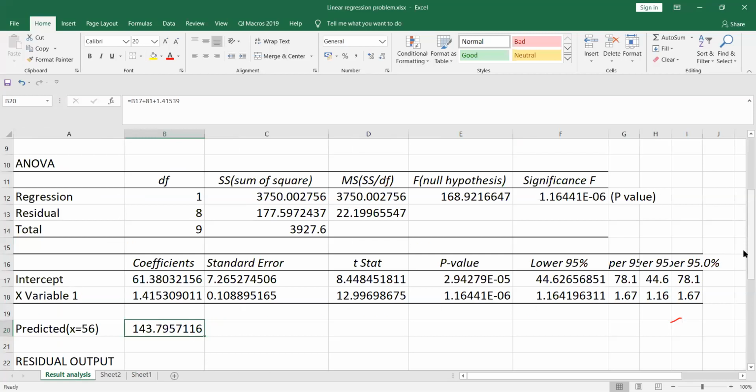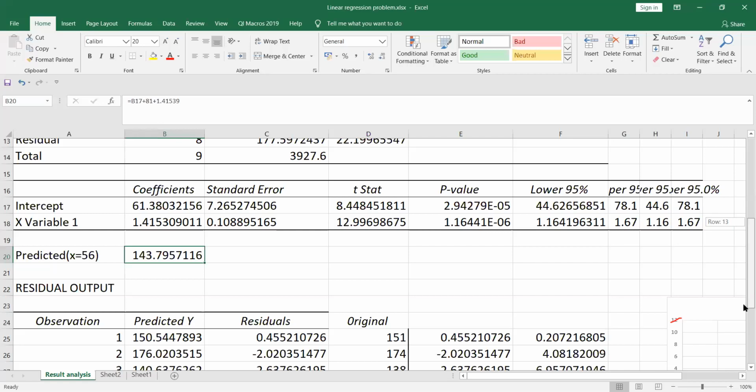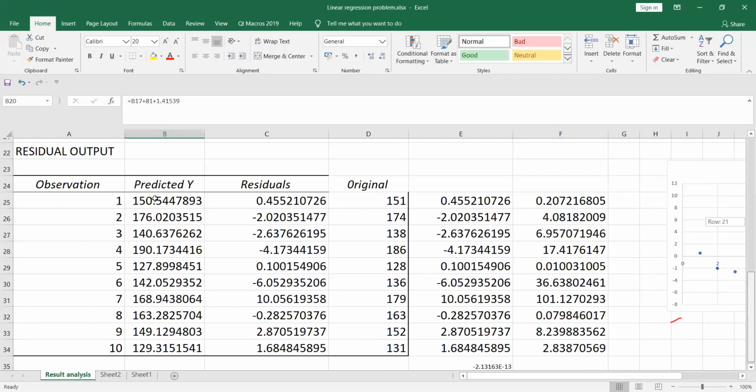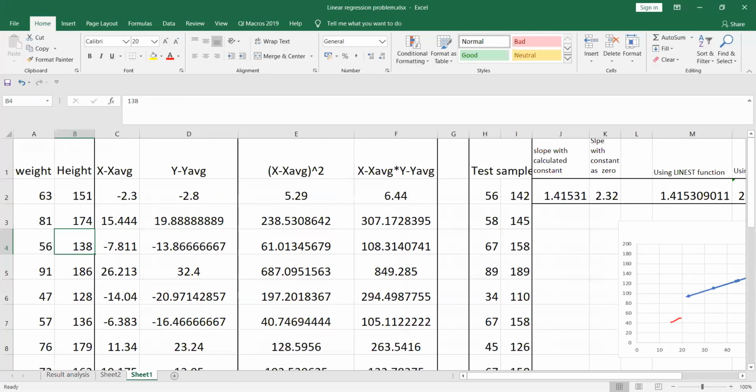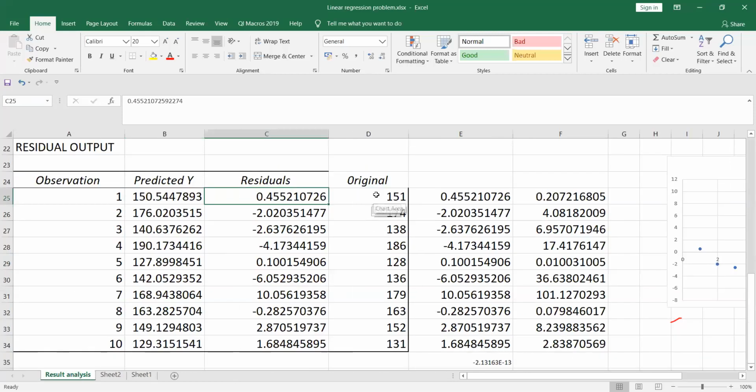So your residual output is, now see this, this is all the residual predicted output using your best fit line which you have already fitted for, and this is the residual error. Residual is, now I have copy pasted this original value from here, the height, and this is the residual value which is given by the Excel equation, and what I did is I have subtracted this value minus this value.